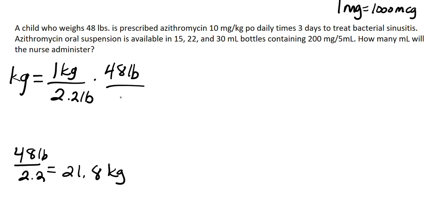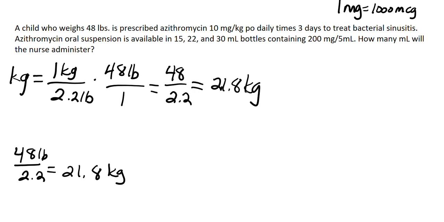And if you need to put a 1 there, you can. And you're still going to get your 48 divided by 2.2. So it's still going to get you there, 21.8 kilograms. Okay, so you can still use dimensional analysis to get you to where you need to be.